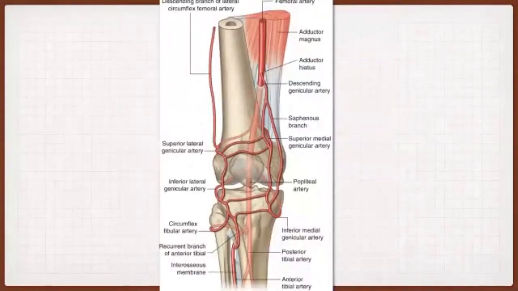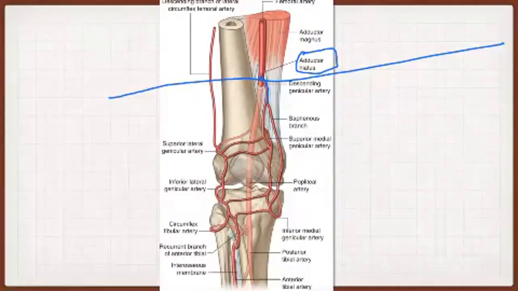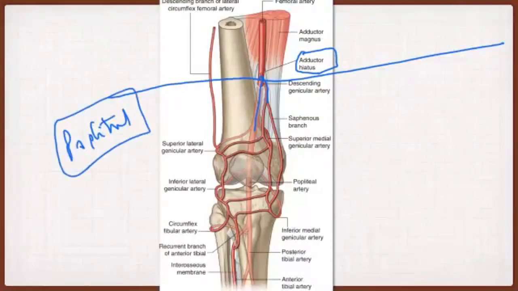See again. So this is the adductor hiatus. You see, this one is the descending genicular artery. This is the branch, because beyond the adductor hiatus, the femoral artery continues as the popliteal artery, right? But we are discussing the branches of the femoral artery.